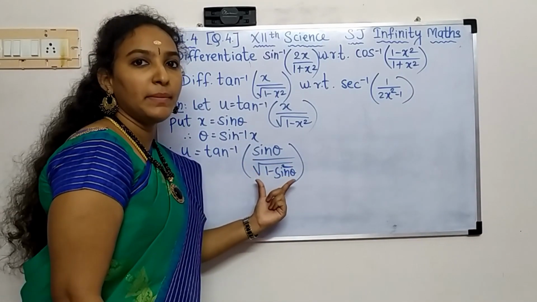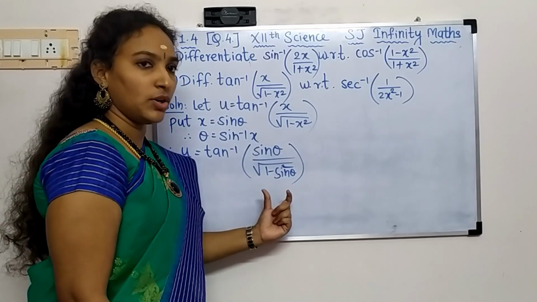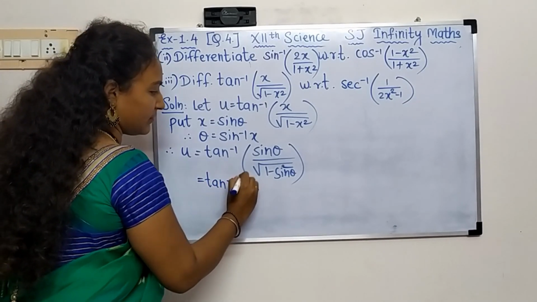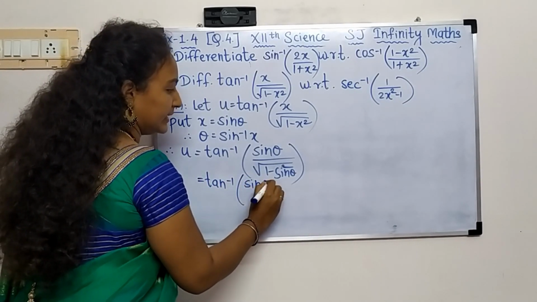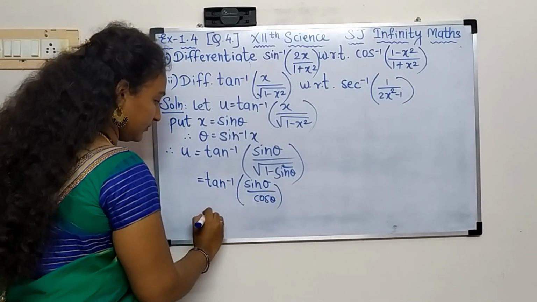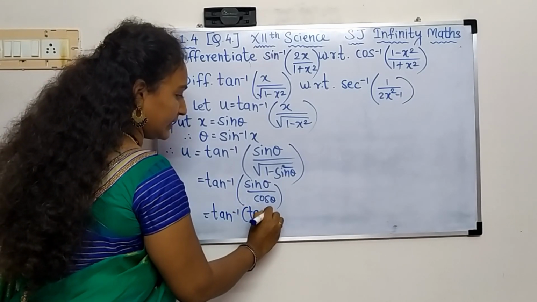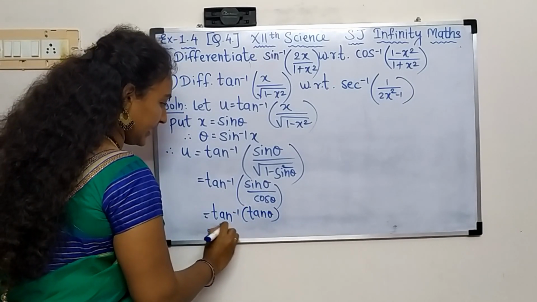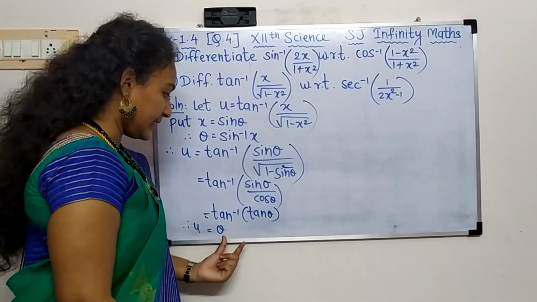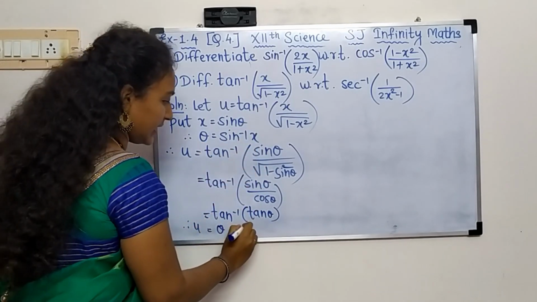So we know that 1 minus sin square theta is cos square theta, and when we take the root it will become cos theta. So this is equal to tan inverse sin theta upon cos theta, which is nothing but tan theta. Tan inverse of tan theta is equal to theta, and your theta is sin inverse x.